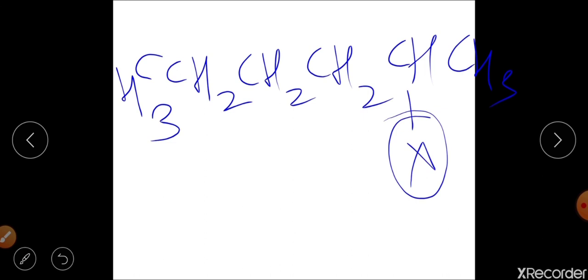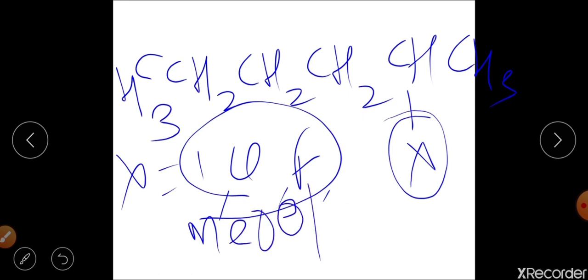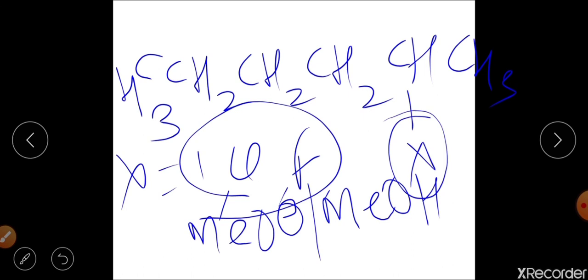Now my question is, if the leaving group X is iodine, chlorine, fluorine, and the base that is used is MeO negative in the solvent MeOH. So these are the conditions: the leaving group is iodine, chlorine or fluorine, and the base and solvent used for this particular reaction are MeO negative in the presence of methanol, MeOH.